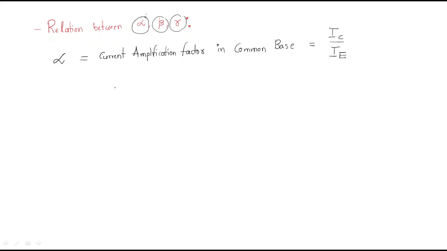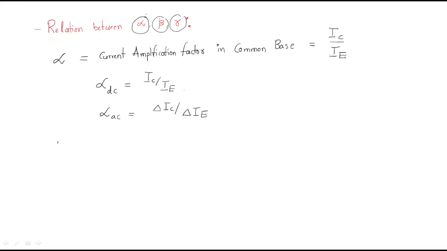If we are applying the DC signal, then directly collector current by the emitter current. And if you are applying the AC signal, then change in collector current by change in the emitter current. So this is the current amplification factor alpha.